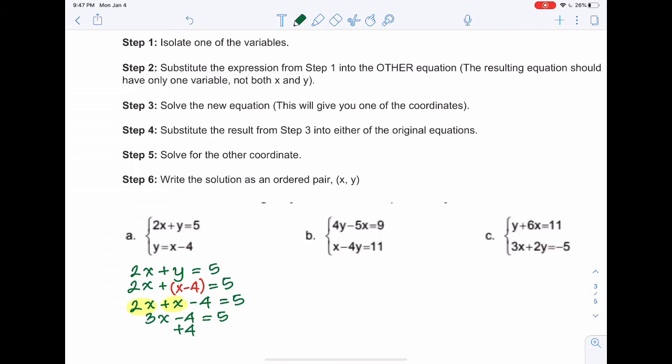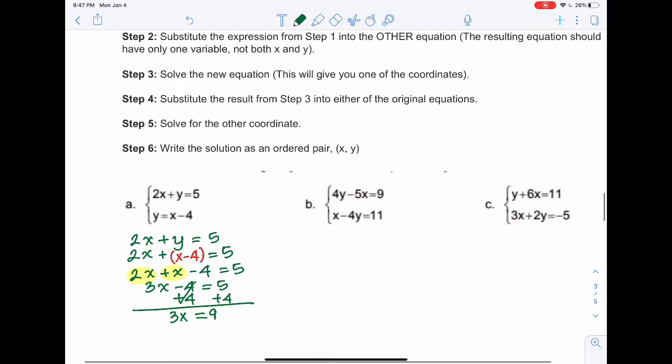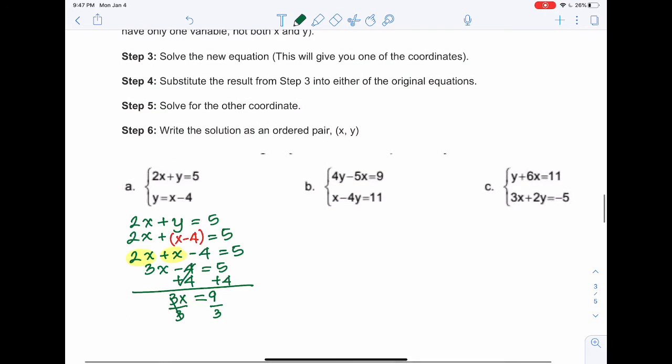Add 4 to both sides of the equation, and 3x is 9. And then from here, if I divide both sides of the equation by 3, x will be 3. So we found x.